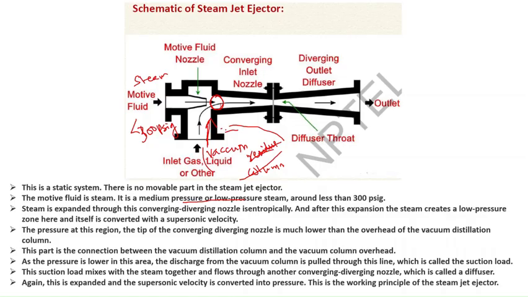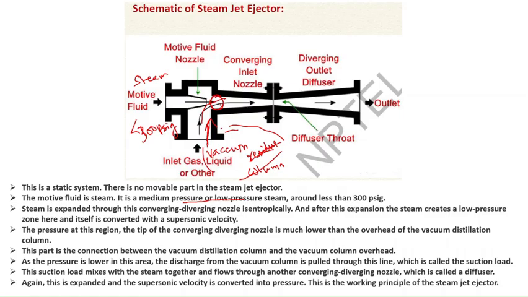this portion flows in this direction. Steam is expanded through the converging diverging nozzle isentropically. The pressure at the tip of the converging nozzle is much lower compared to the overhead.